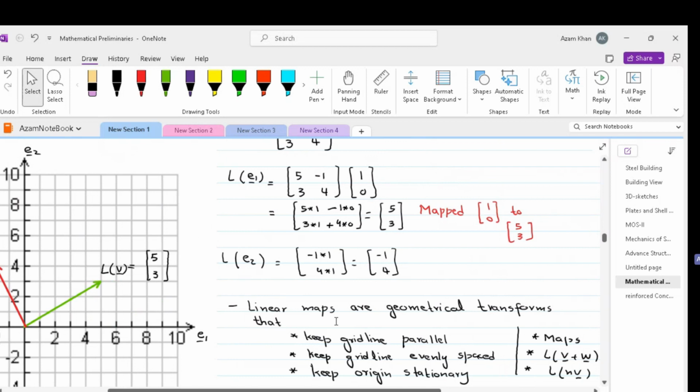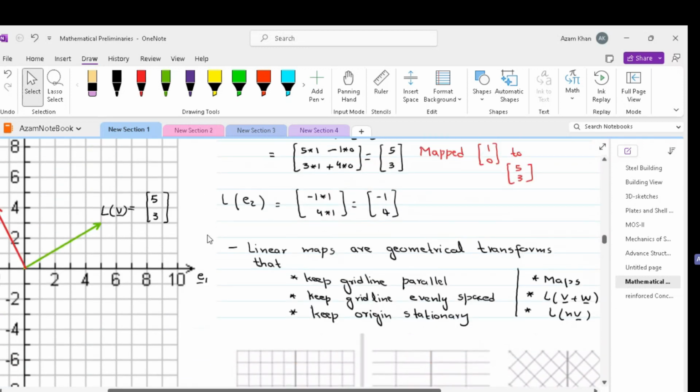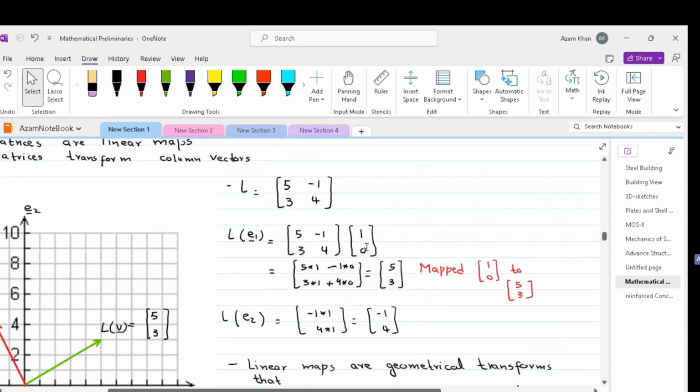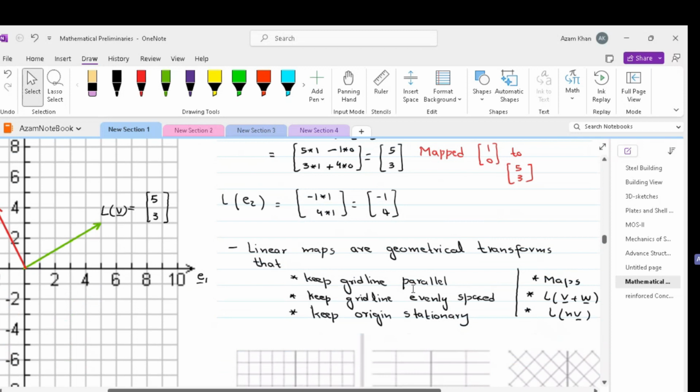Let us discuss further the geometrical concepts related to linear maps. A linear map, when applied on any vector, will keep the grid lines parallel, will keep the grid lines evenly spaced, and will keep the origin stationary.